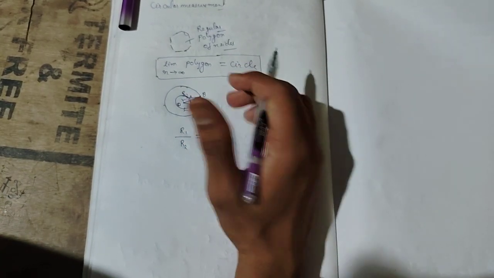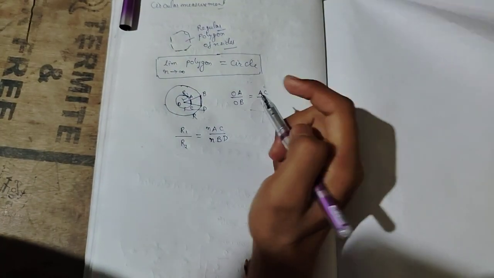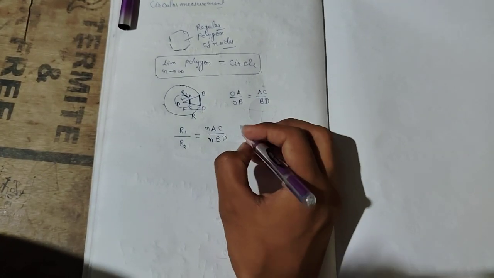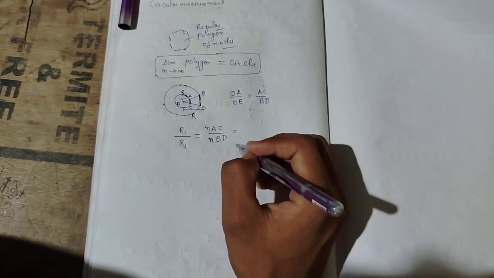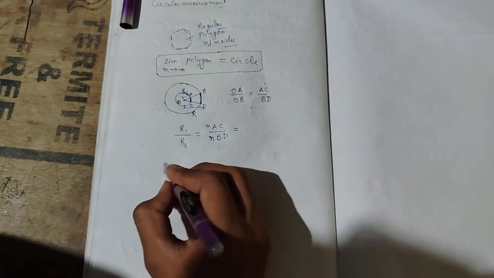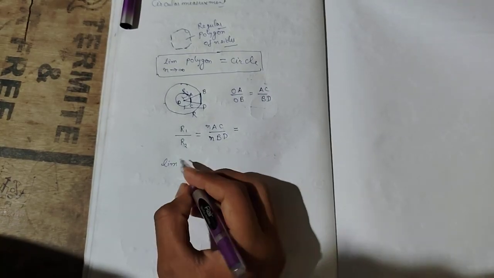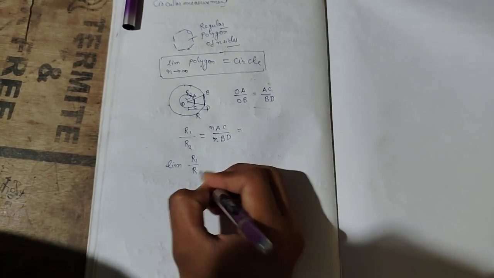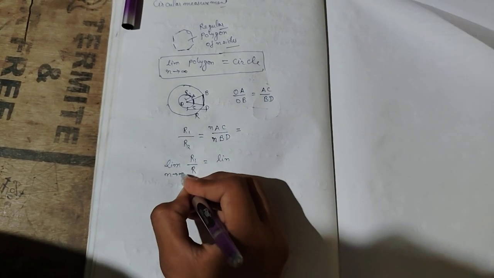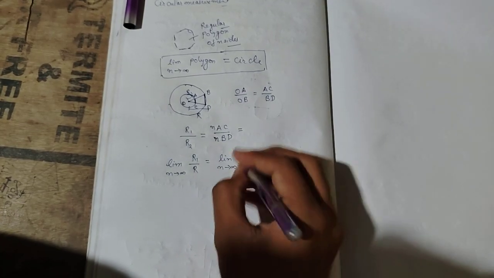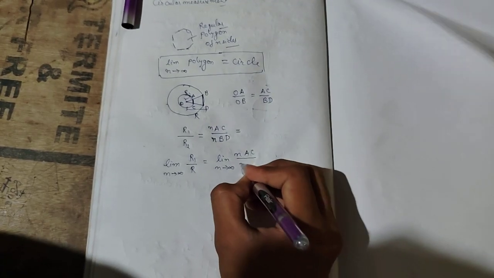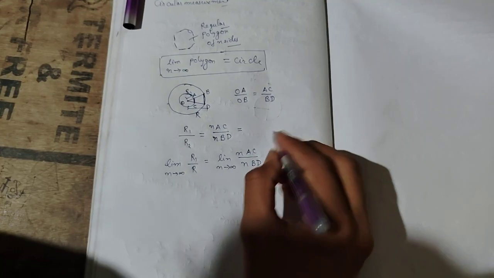BD is the side of some polygon, so we are increasing the sides, and the ratio would be the same. So when we increase the sides and take the limit on both sides, R1 by R2 is equal to the limit as n approaches infinity of n AC by n BD.